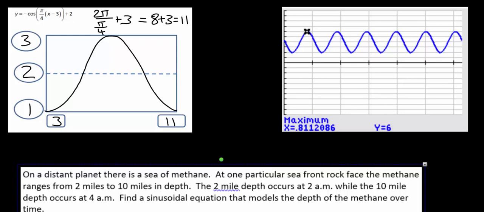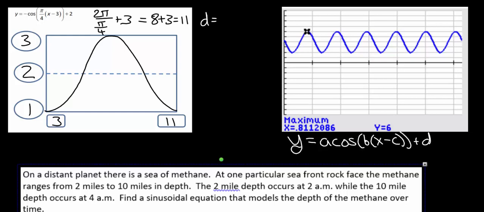Okay, let's suppose we want to model this with cosine. So what it amounts to is we've got to find A, B, C, and D. Now, D is the vertical shift, and remember, it's going to be the average midway between the low point and the high point.